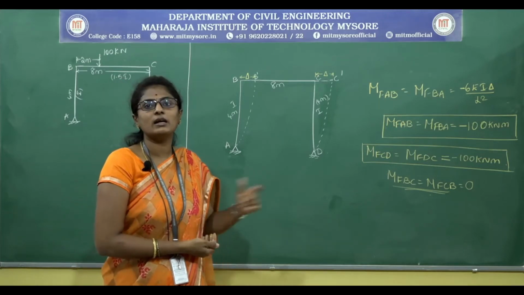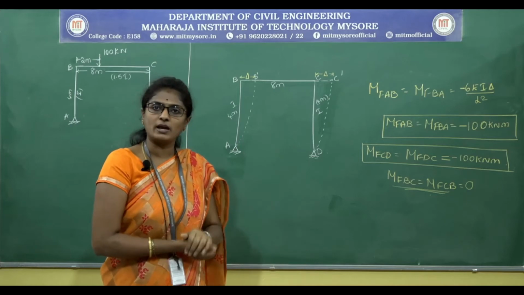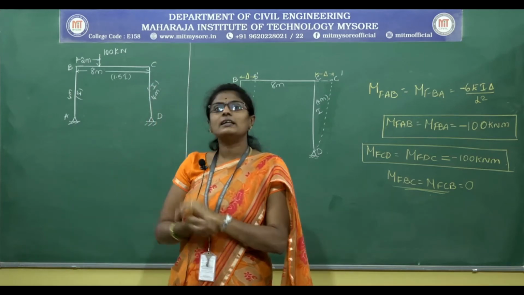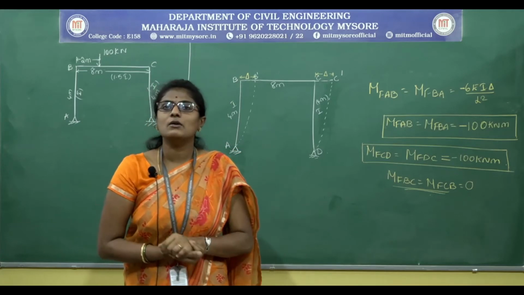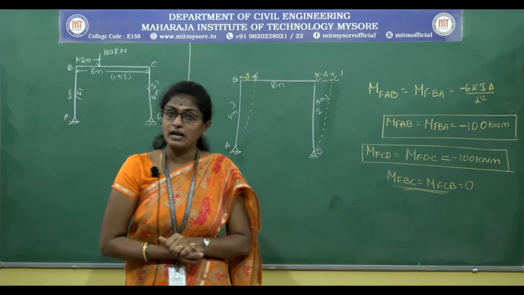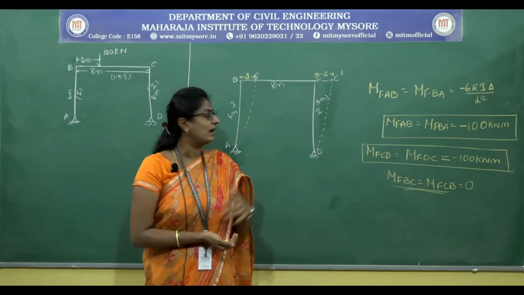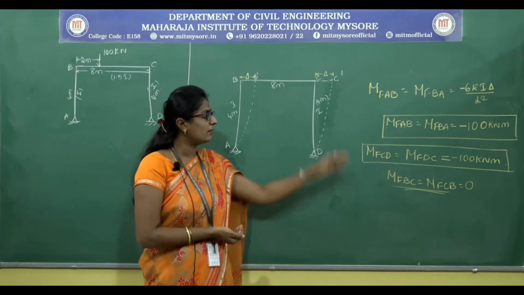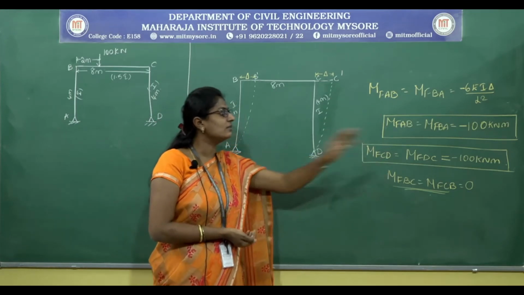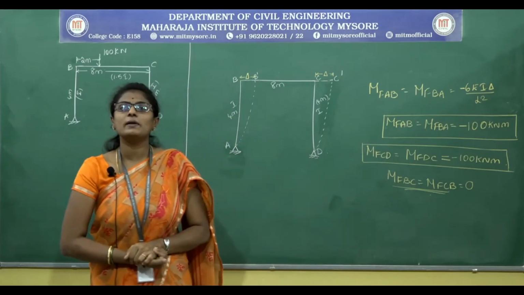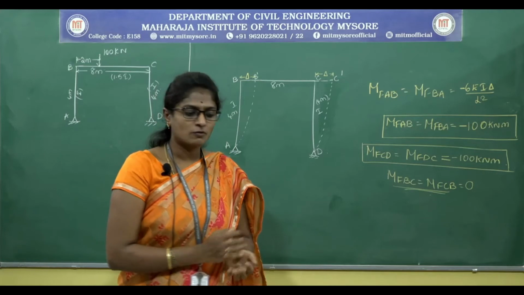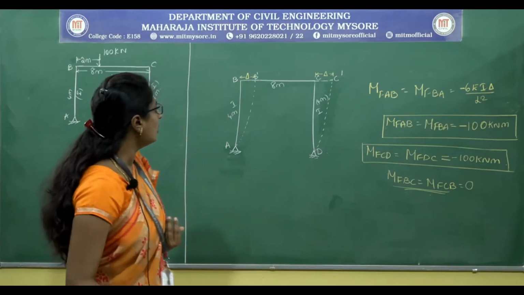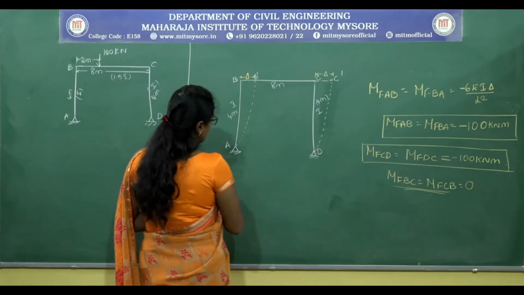That means when the frame is subjected to sway. Before this, the table which we had drawn to calculate the final end moments is the moments which is obtained without sway, and the moments which is obtained by using this as the fixed end moments, that will be the final end moments due to sway. So for that, let us draw the moment distribution table first.